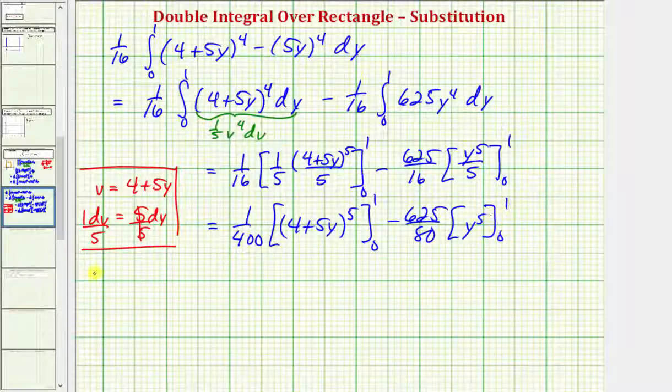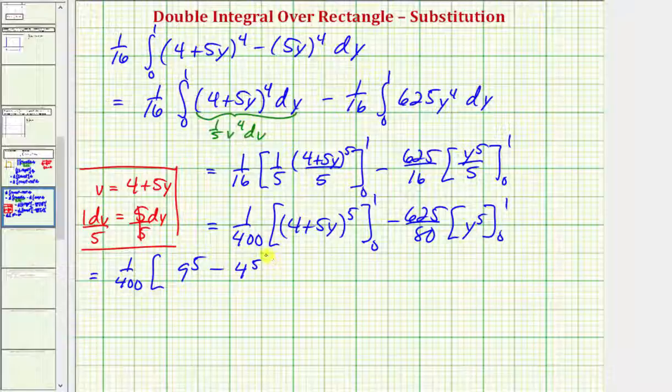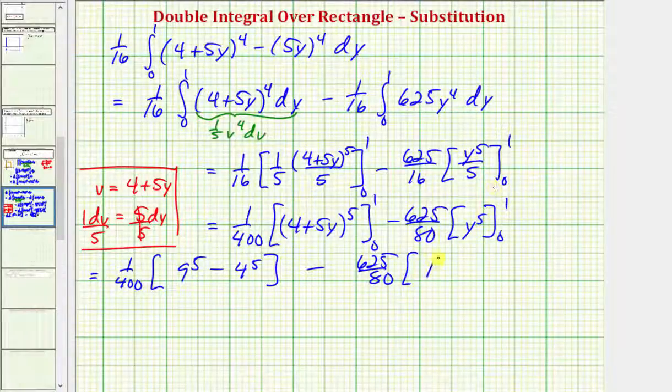Now performing substitution, we'd have 1/400. When y is 1, notice how we just have 4 plus 5 to the fifth, or 9 to the fifth, minus, when y is 0, we just have 4 to the fifth. And then here we'd have 625 divided by 80 times, when y is 1, we have 1 to the fifth, and when y is 0, we have 0 to the fifth.